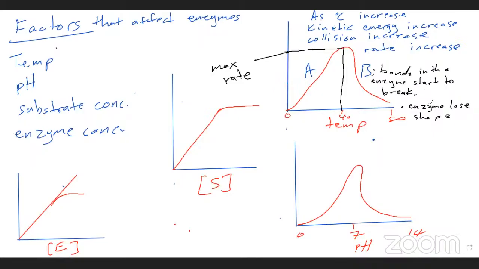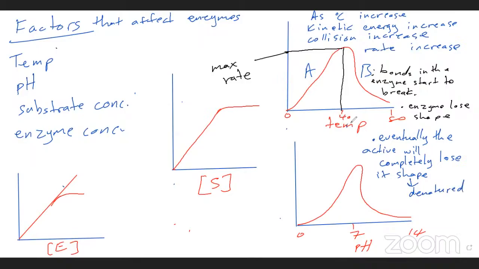Once they start to break, the enzyme will start to lose its shape. Eventually, the active site will completely lose its shape, and at this point it is completely denatured.